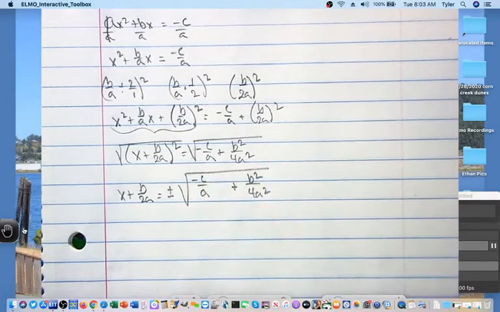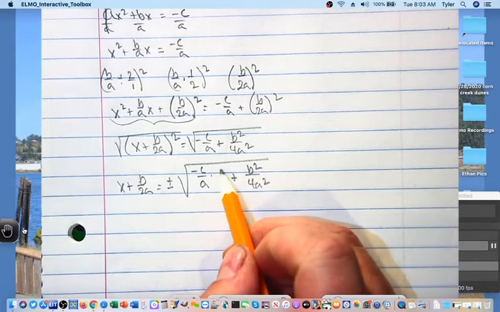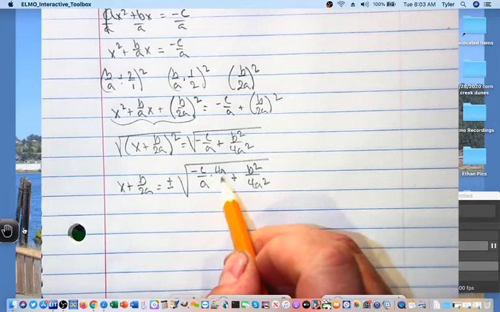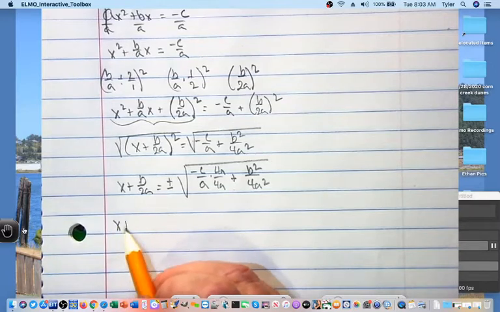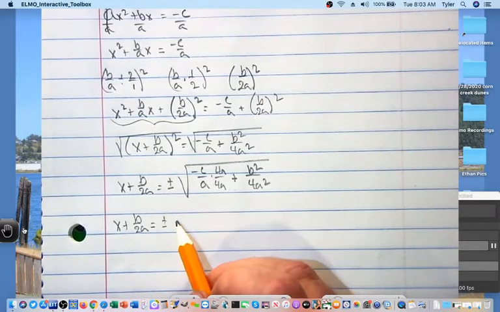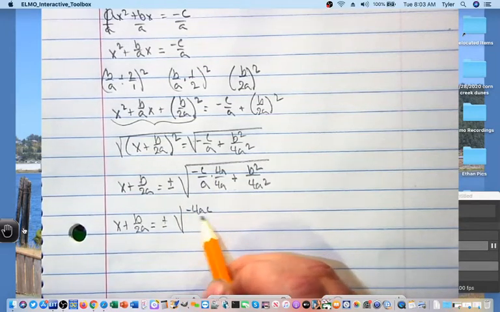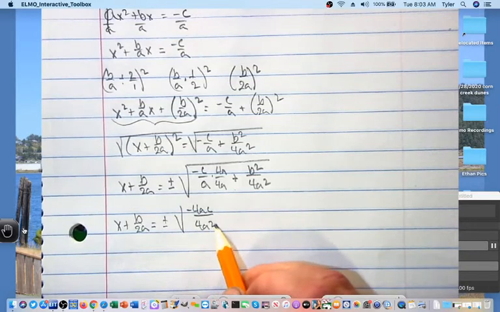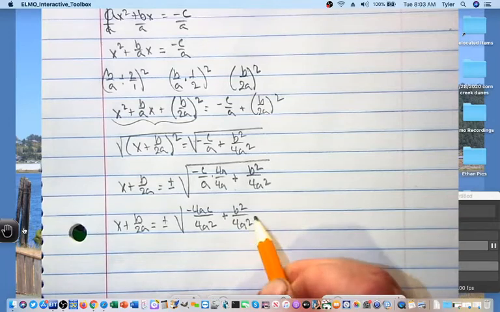Now I deliberately left a gap there, since what I'm going to do now is give these fractions a common denominator so that I can write them as one large fraction. All I have to do to make these have a common denominator is multiply the top by 4a and the bottom by 4a, and that is going to give me x plus b over 2a is equal to plus or minus radical negative 4ac over 4a squared plus b squared over 4a squared.